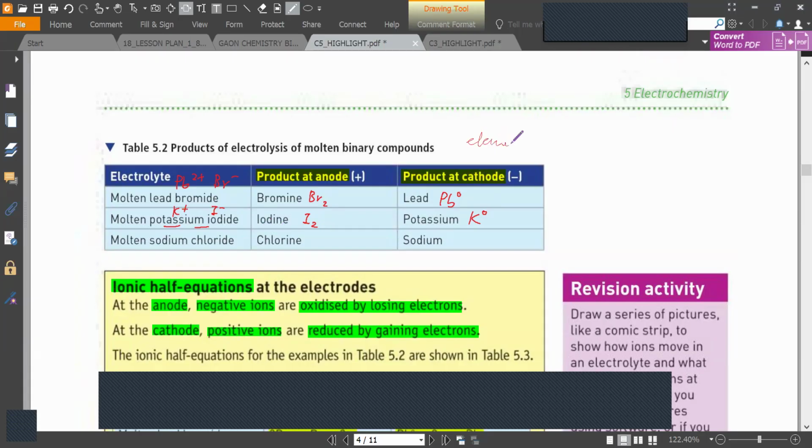Basically, we return back to the element before any electron transfer happened. And then sodium chloride will turn to chlorine and sodium metal.